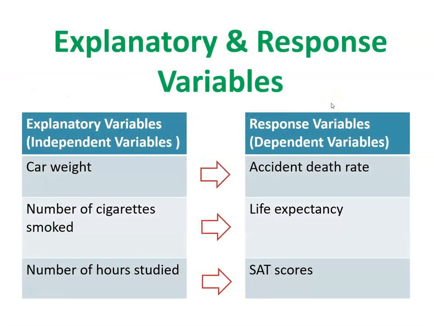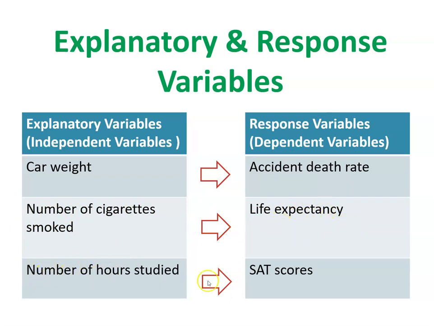Here's some more examples of explanatory and response variables. I do say independent here versus dependent. That's kind of traditionally how we think about it, but we're not going to say that. It can just help you for understanding what goes with what. So for example, car weight might explain accident death rate. Number of cigarettes smoked might explain your life expectancy.